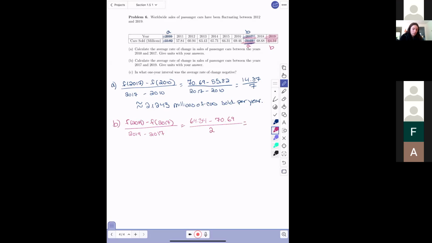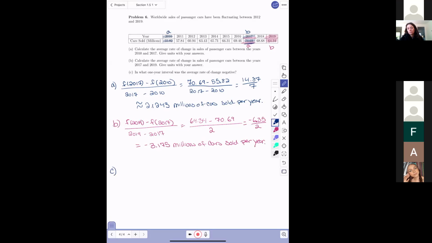If you do out this numerator subtraction, you end up with negative 6.35 divided by 2, which is equal exactly to negative 3.175 millions of cars sold per year. Any questions on that one?